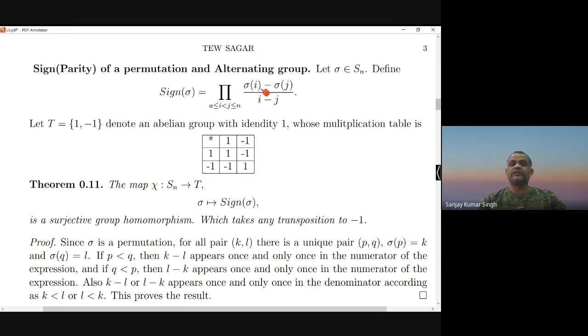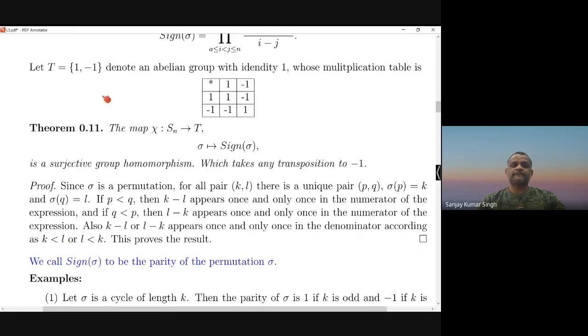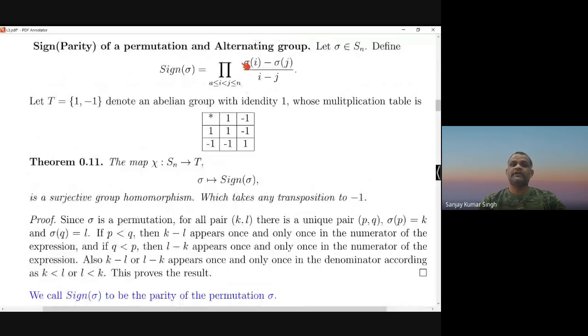If you compute (sigma(i) minus sigma(j)) divided by (i minus j), this number is called the sign. There is a theorem which says that this number is always either 1 or minus 1. So we can calculate this, and it will be either 1 or minus 1.